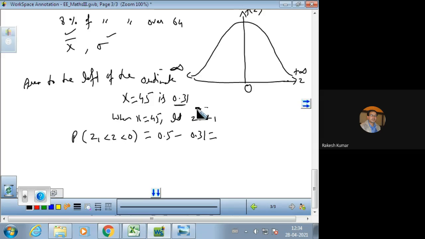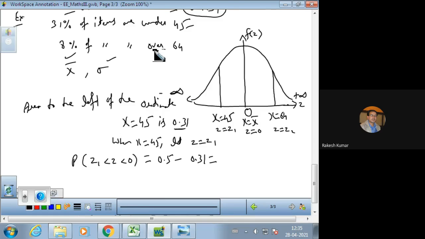So I suppose that x is equal to 45 is at this position. This is x is equal to 45, z is equal to z1. And you know that this is the mean position. Mean position means x is equal to x bar and your z is equal to 0. And let us suppose the position of 64, x is equal to 64, z is equal to z2. So just read the statement again.